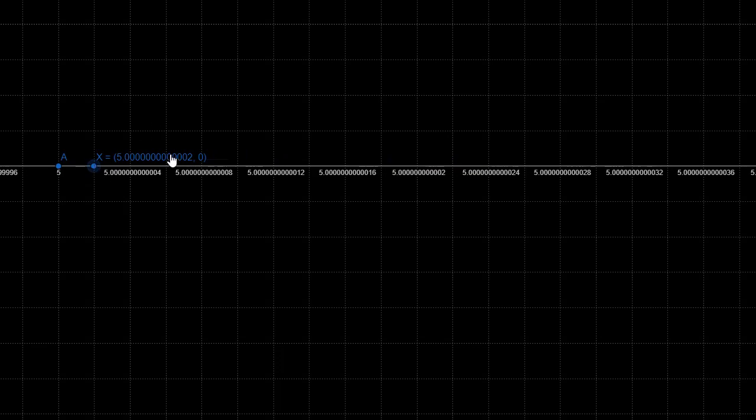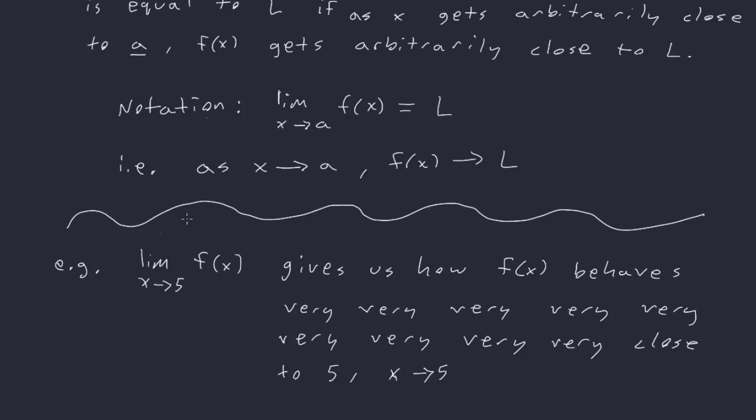So this is what the limit is actually doing. It is analyzing what happens as x gets closer and closer to a, but not what's actually happening at a.